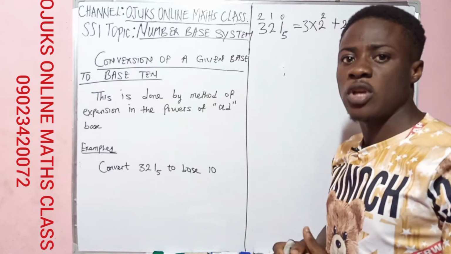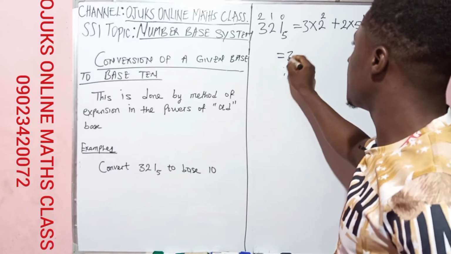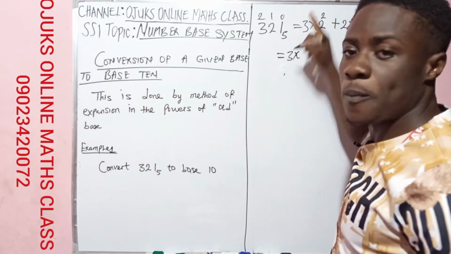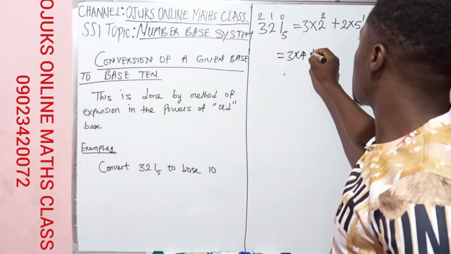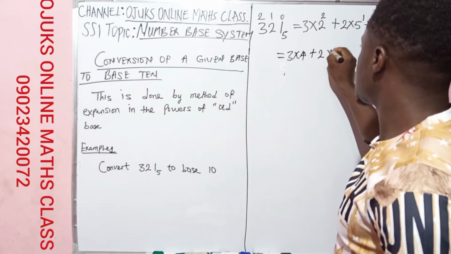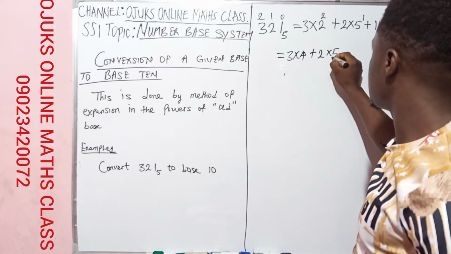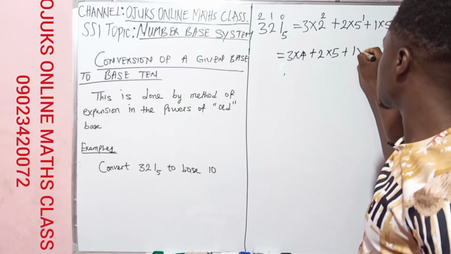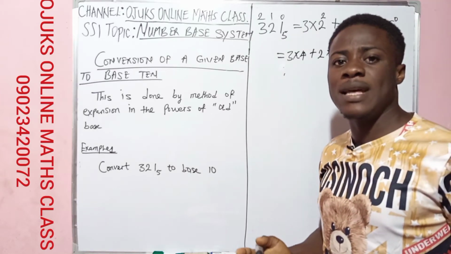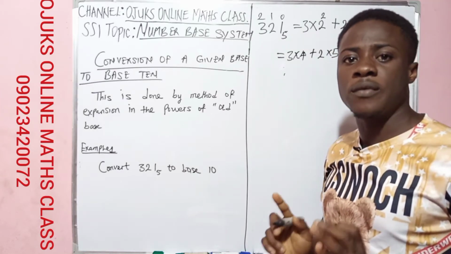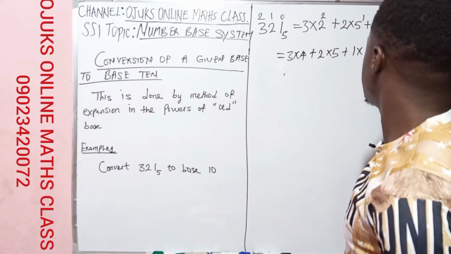Now, when we keep on solving this, we'll have 3 times 5 raised to power 2, which will automatically give us 25, plus 2 times 5 raised to power 1, which gives 5, plus 1 times 5 raised to power 0. In mathematics, we all know that any number raised to the power of 0 is 1. So we have 1 times 1.